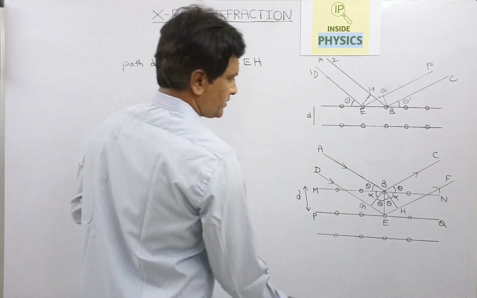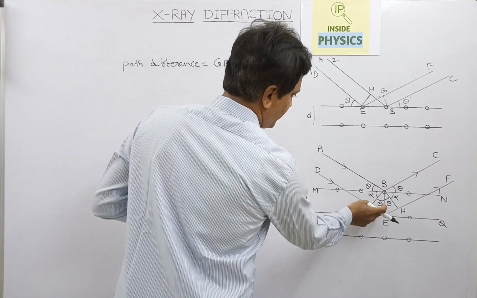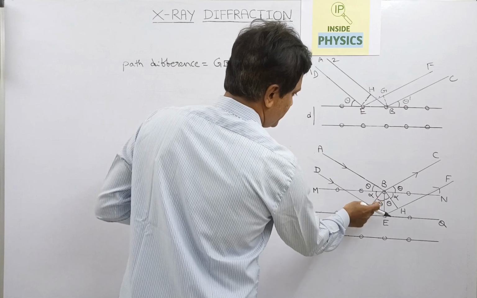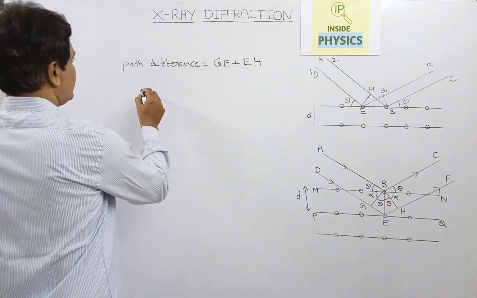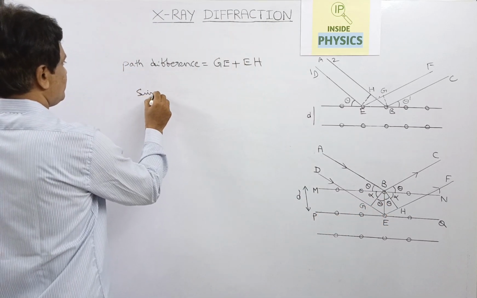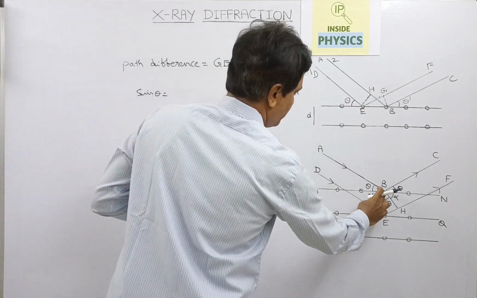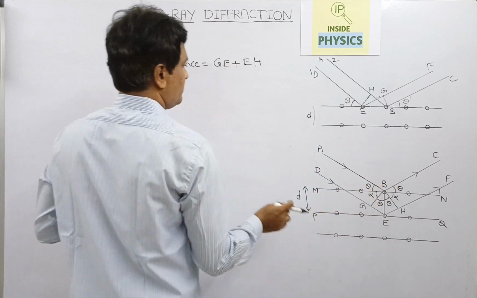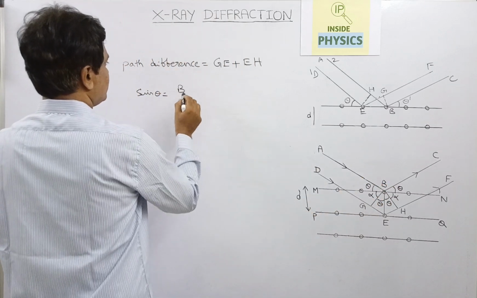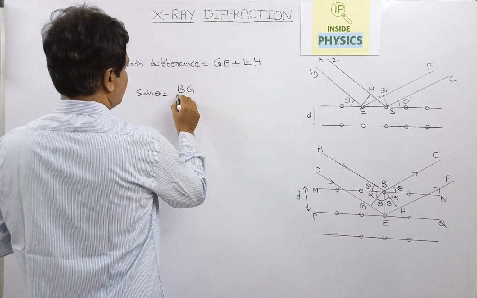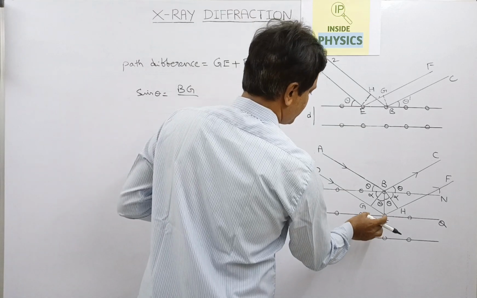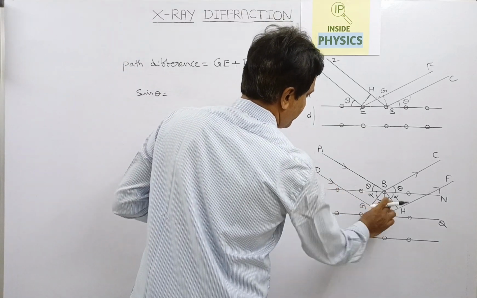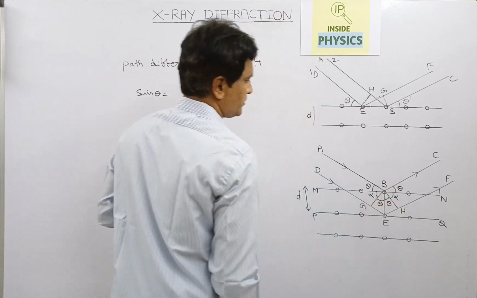So we should understand from this diagram what sine theta is. Try to understand from triangle GBE what sine theta is. Sine theta is the opposite side by the hypotenuse.